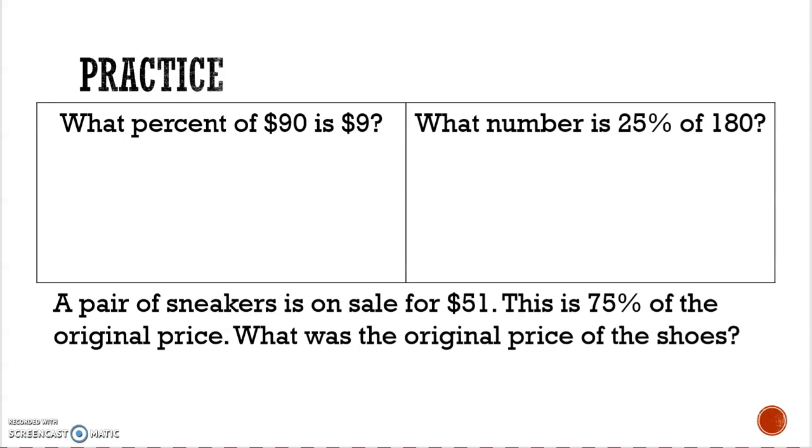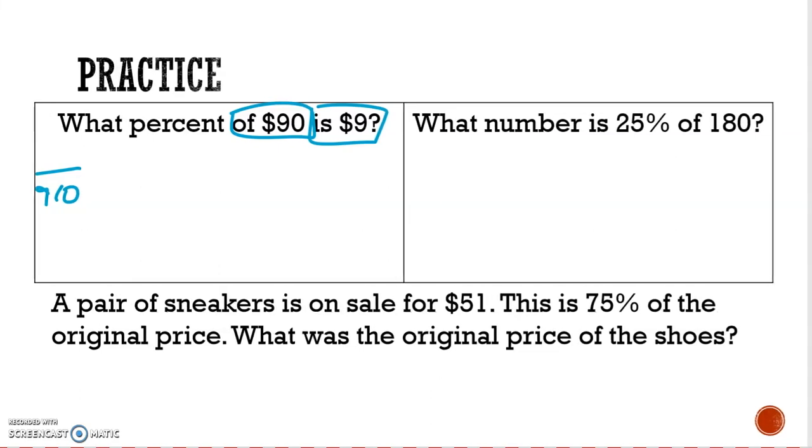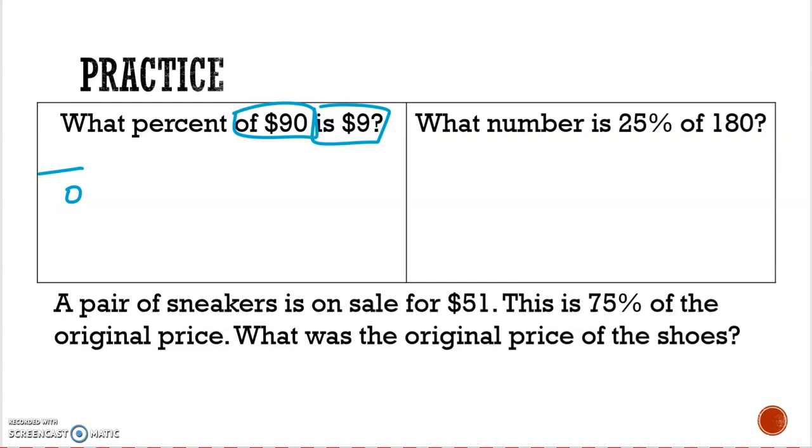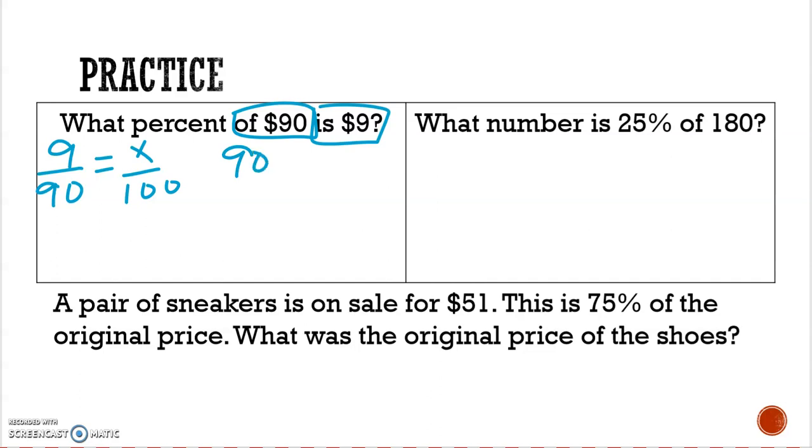All right, so we have what percent of 90 is 9. So the of, let's try that again. Sorry about that. That means 90 goes here and 9 is on top. I'm looking for my percent, and this is always 100. So I'm going to cross multiply: 90 times x, and 9 times 100.